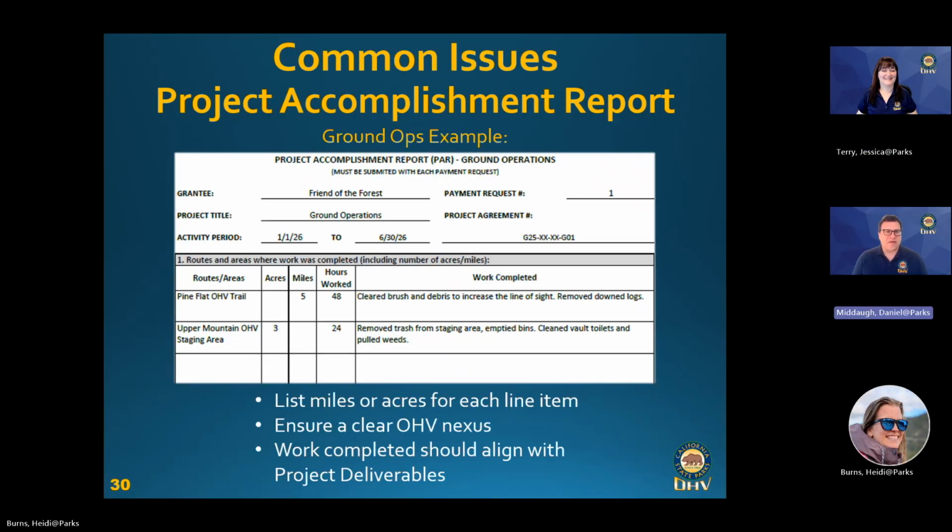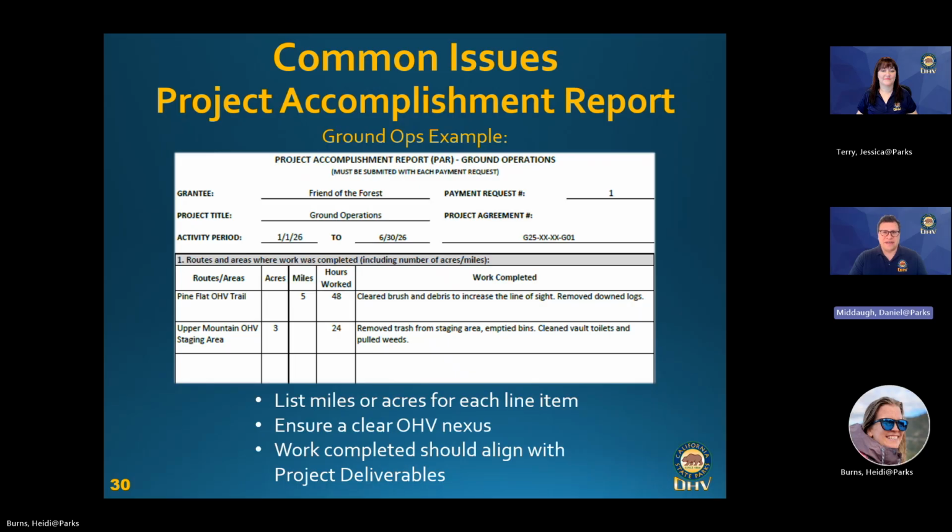Thank you, Jess. That was a lot of information. So let's look at where it goes in the PAR form. This is the top half of the PAR form. Section number 1 is where you're going to be listing a lot of your activities. In this example, you can see that we have 2 areas that are separated out. For acres and miles, it's typically going to be one or the other.